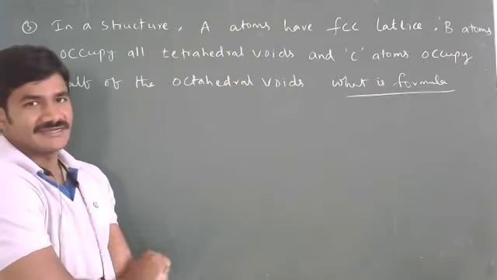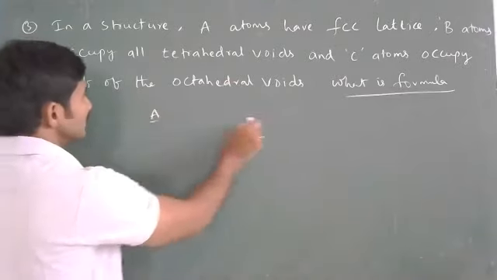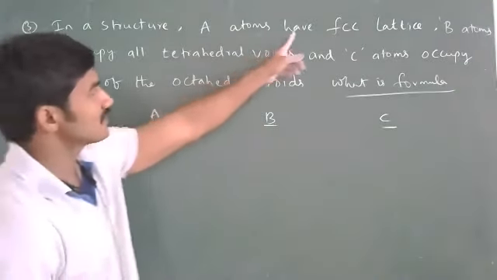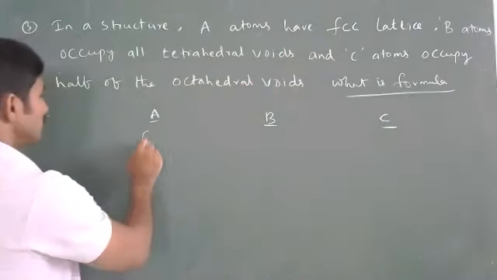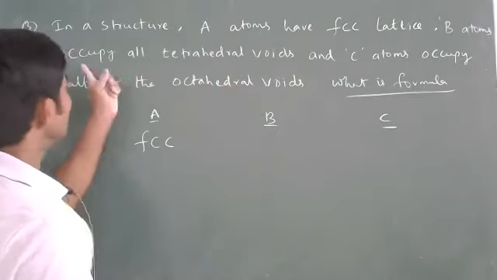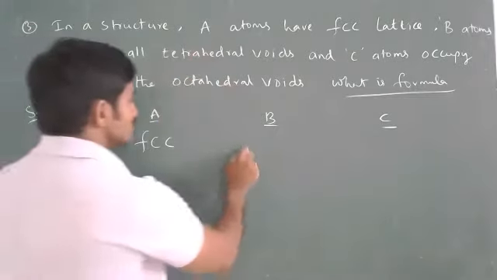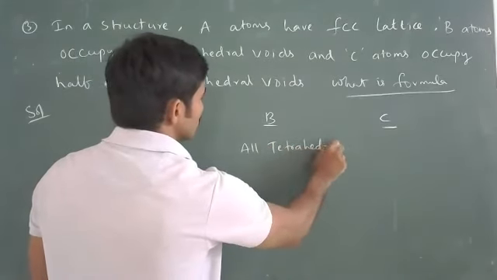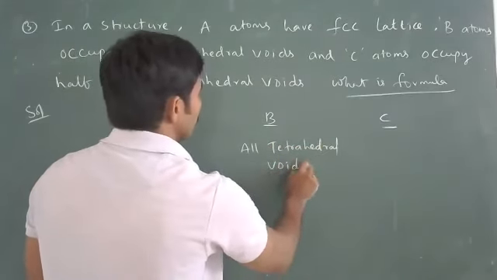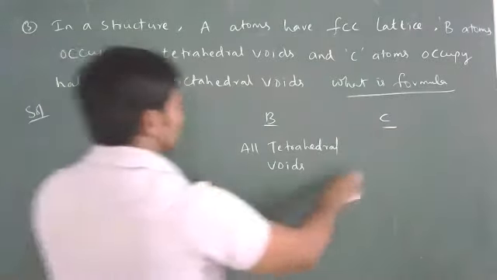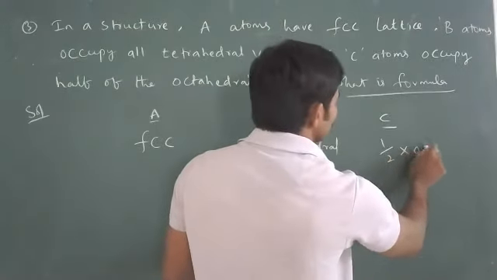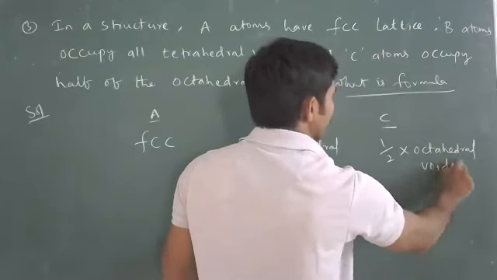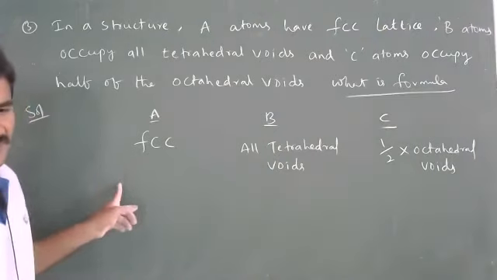So here you can see there are 3 types of atoms: A, B, C. A atoms have FCC, B atoms occupy all tetrahedral voids, and C atoms occupy half of the octahedral voids. Writing this is very, very important.